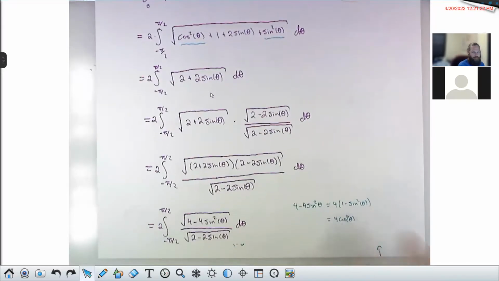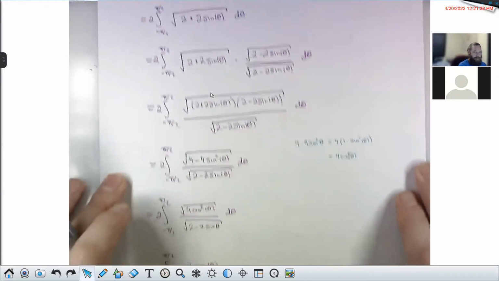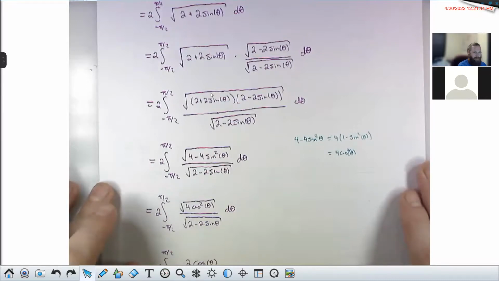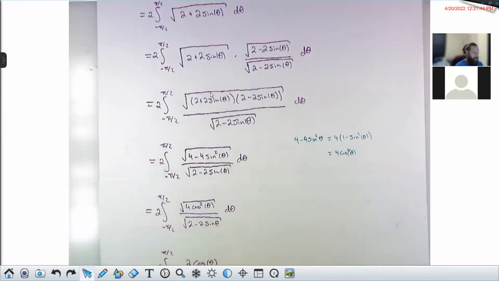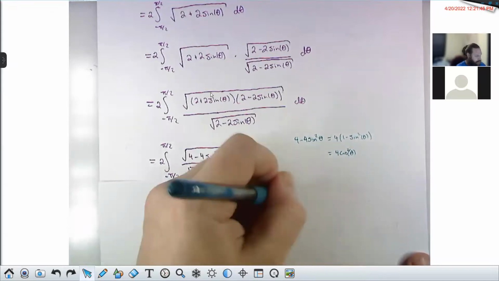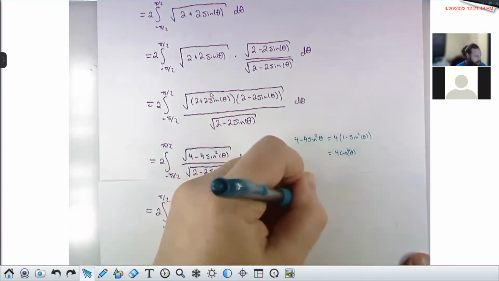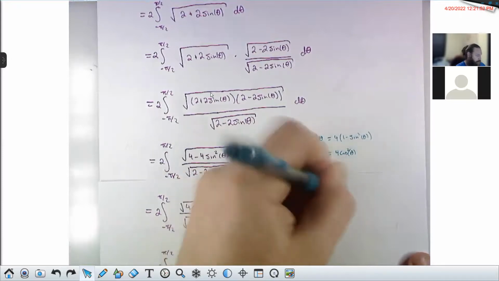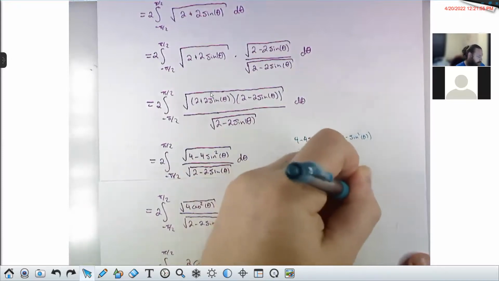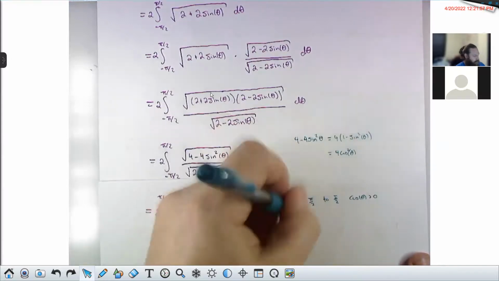Yeah, we can go back here for a minute. Push this up a bit. And I'll add the note here that from negative pi over 2 to positive pi over 2, cos theta is greater than 0.